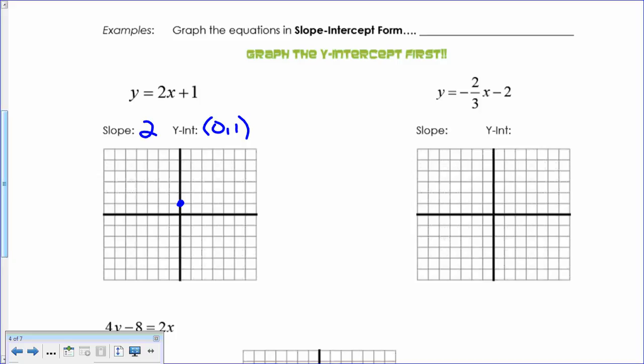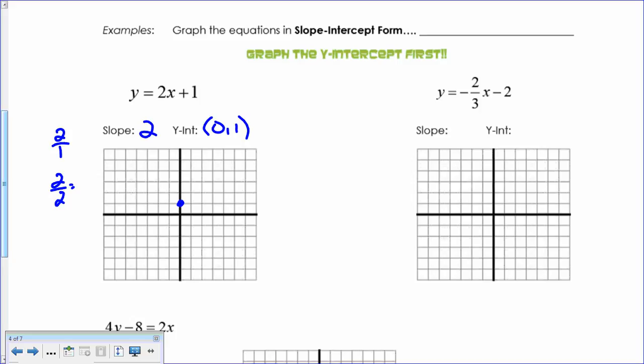I'm going up 2 and then over 1, because we can write a whole number as 2 over 1 equals 2, right? 2 divided by 2 is 1, so anytime we have a whole number, it's always 1 to the right.